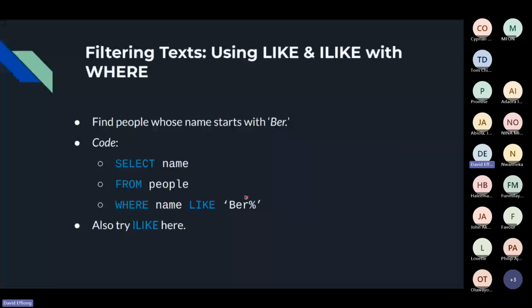This example now is to show the difference between the percentage sign and underscore. The underscore is only one character. So let's say you want to find people's names that start with EV and the name has only 3 letters. It must start with EV and it should be 3 letters. This is a perfect time to use underscore, because underscore represents only one character. If you use the percentage sign, it can give you more than 3-letter names.